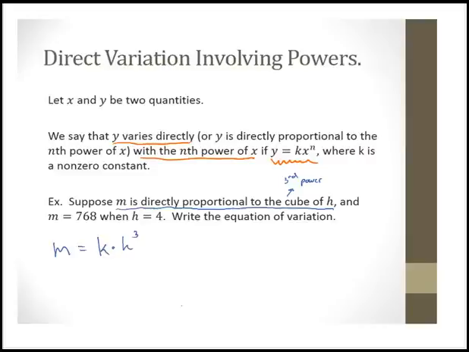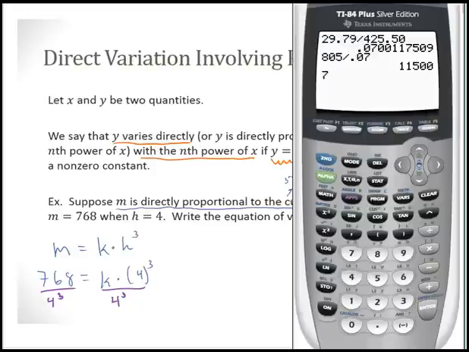And m equals 768 when h equals 4. So 768 is equal to k times 4 cubed. So now I can solve for k. I just need to divide through by 4 cubed. So 768 divided by 4 to the third power is 12. So k is 12.